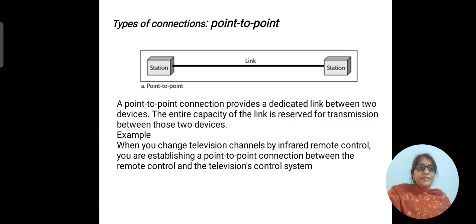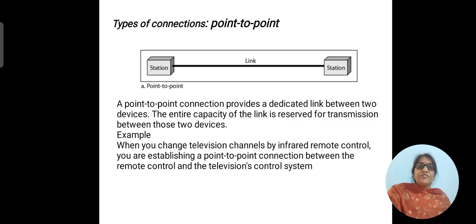The entire capacity of the link is reserved for transmission between those two devices. An example is when you change the television channel by infrared remote control, you are establishing a point to point connection between the remote control and the television control system.